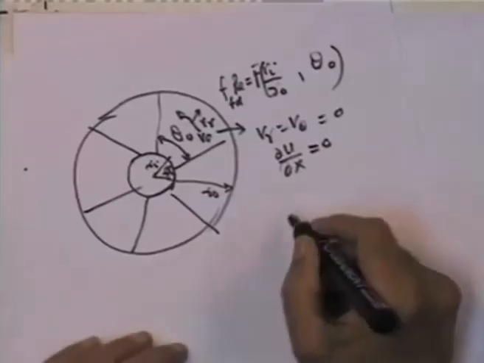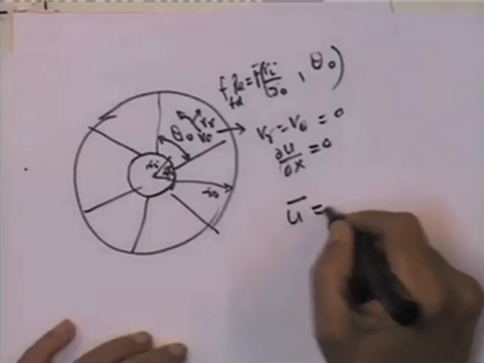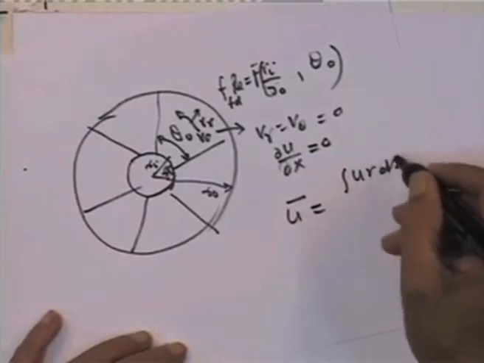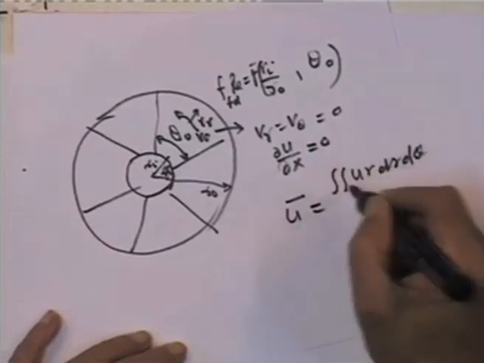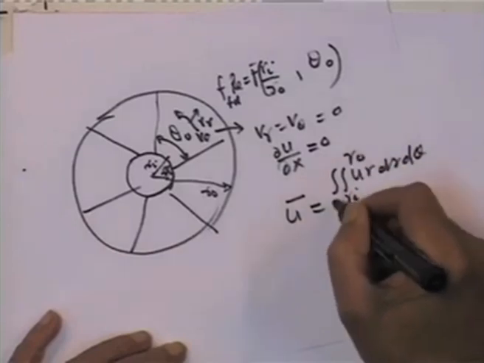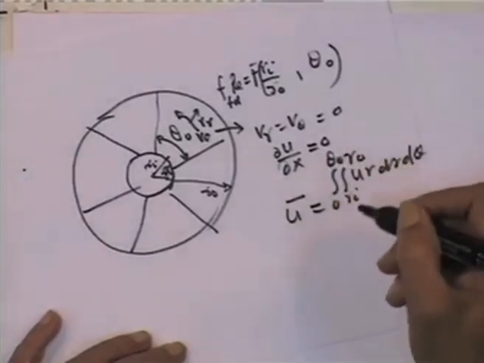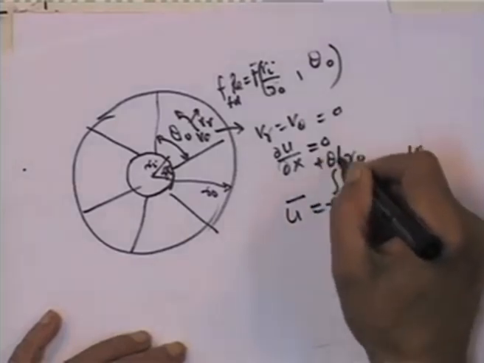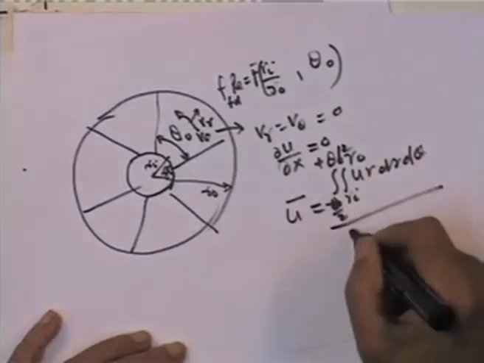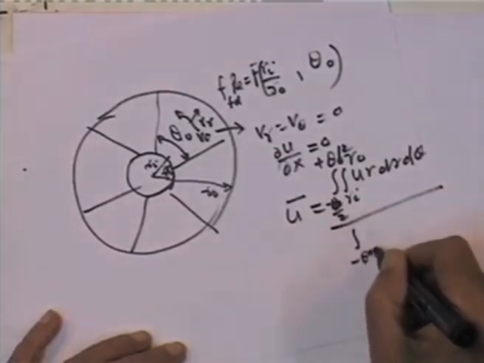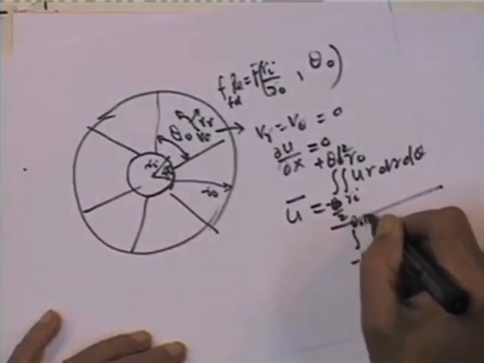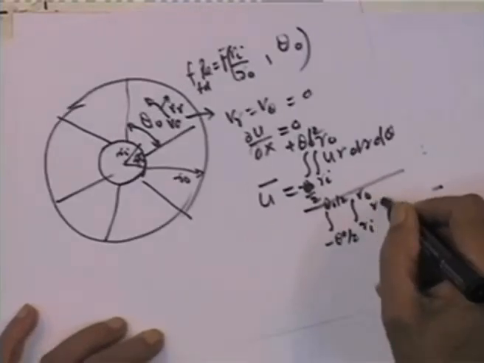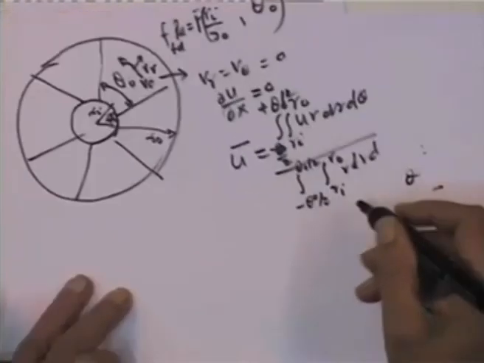Now, we can evaluate u bar star. u bar star will be the integral of u r dr d theta, from Ri to Ro and 0 to theta naught, or if you like minus theta naught by 2 to plus theta naught by 2, divided by the integral of r dr d theta over the same limits.